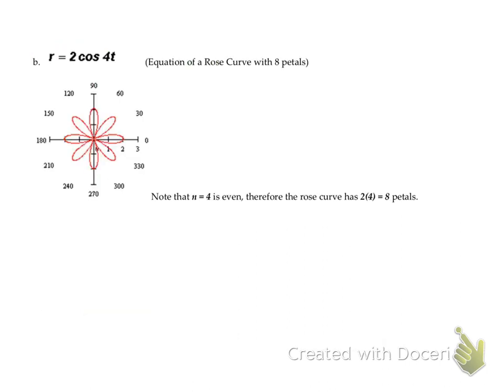And if you look here, they could ask for the area in any one of these petals. If, for example, they ask for the area of this petal, you can actually find this area and double it, and that will be acceptable.